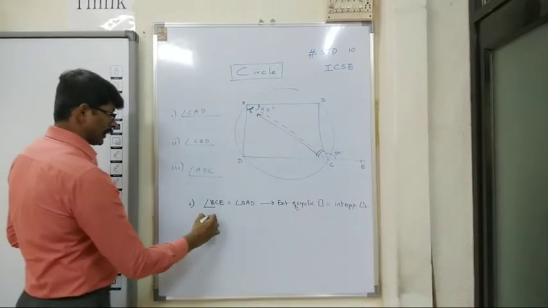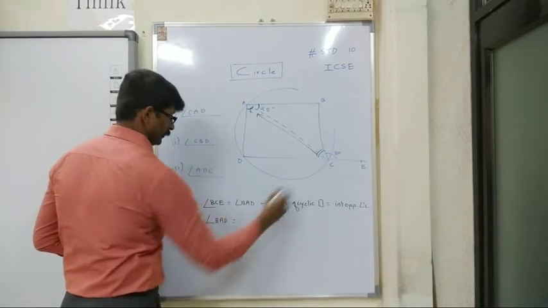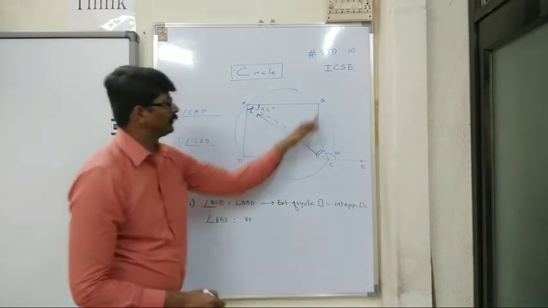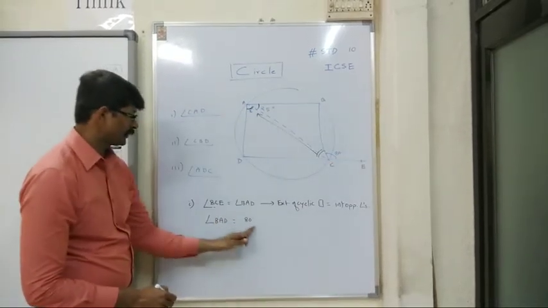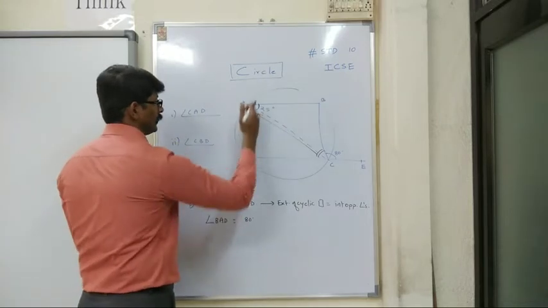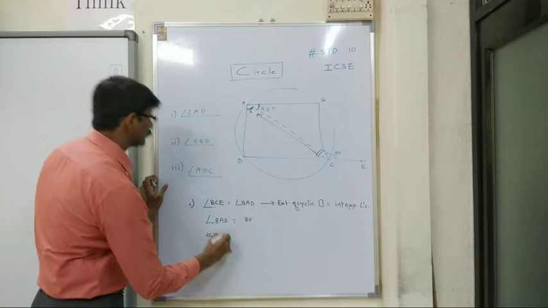So angle BAD is supposed to be 80 degrees, because BCE is 80, so we substitute 80. And what is BAD made up of?